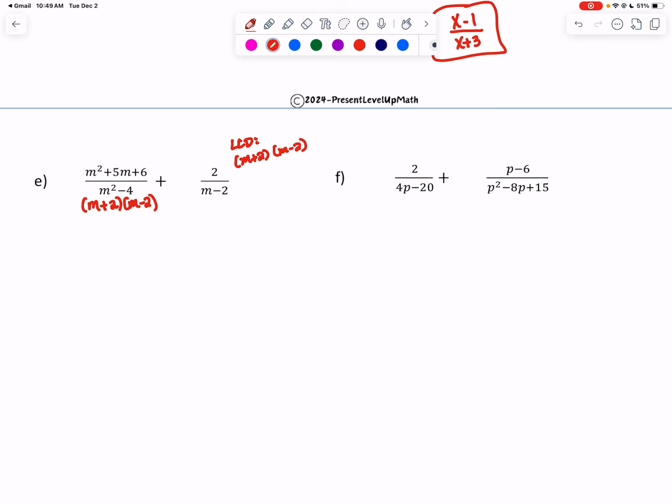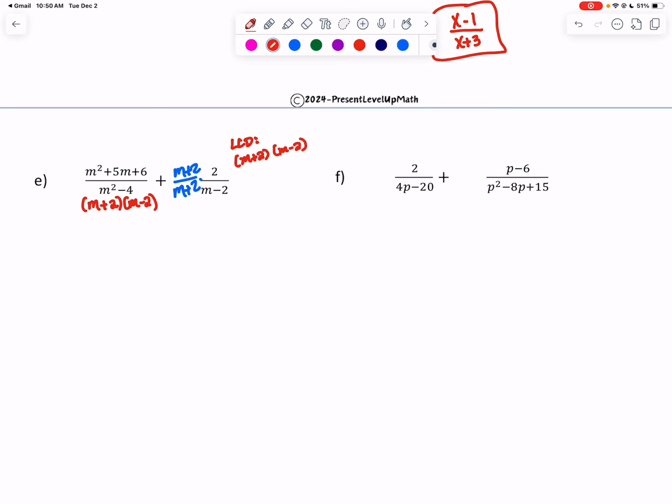Which means the first fraction has both components of the LCD, so I don't need to multiply it by anything. But my second fraction, I have an m minus 2 in the denominator, so I'm missing that m plus 2 component. So m plus 2 over m plus 2, multiply that by that fraction.